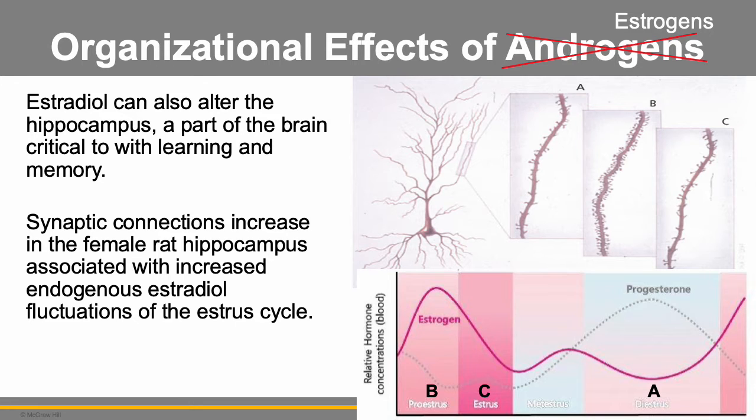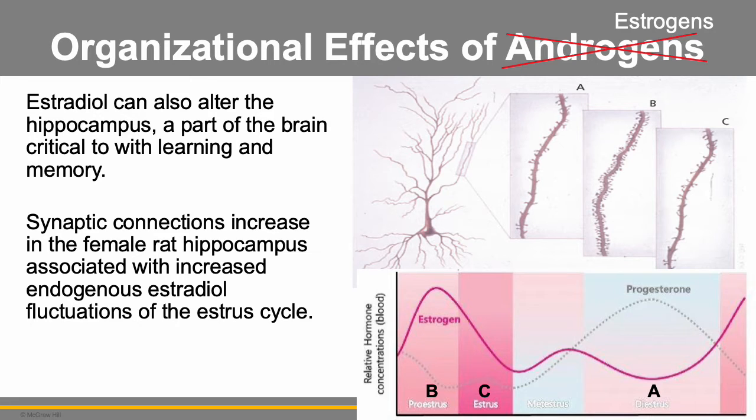You can see the natural wax and wane of estradiol during the estrus cycle, where it reaches a peak during proestrus, so right before ovulation, or it peaks right as ovulation occurs in this transition between proestrus and estrus.